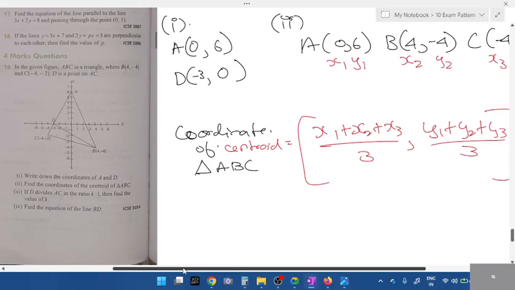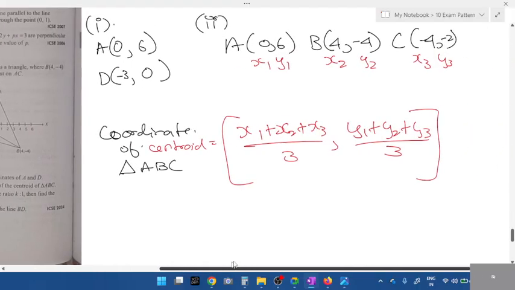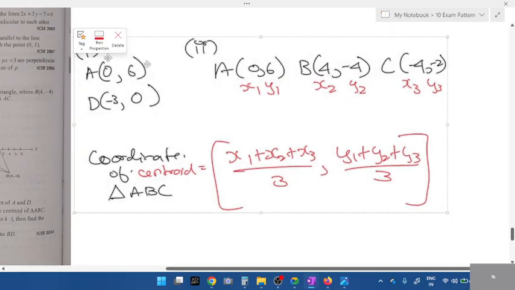Then D divides AC, K is to 1 is given. Find the value of K. Okay, next. Equation of the line BD. Fine. Now you can easily solve this fourth question.